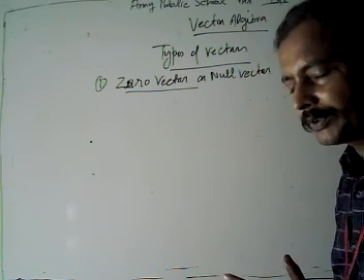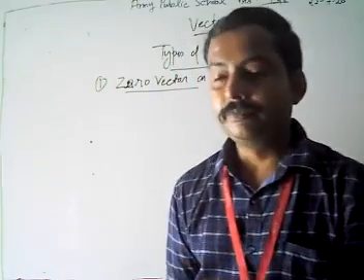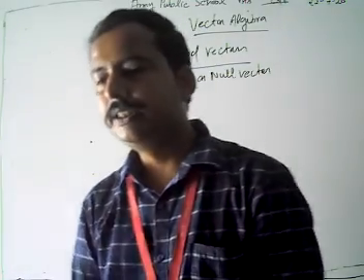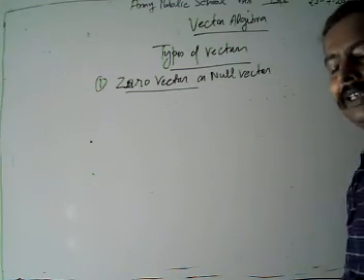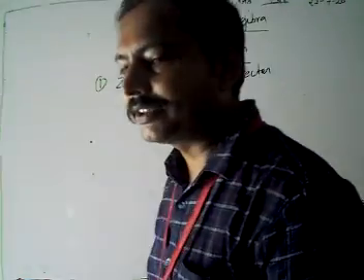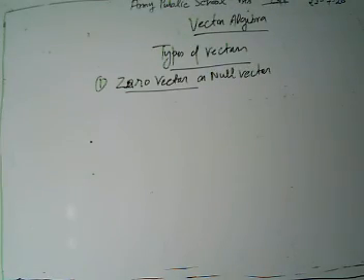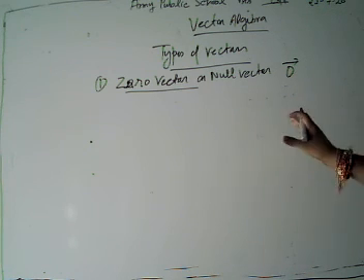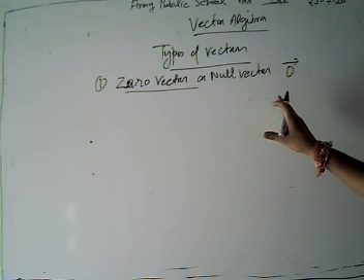In other words, a vector is a zero vector if its initial and terminal points are the same. Mathematically, they coincide with each other. It is generally represented by this symbol, a null vector.